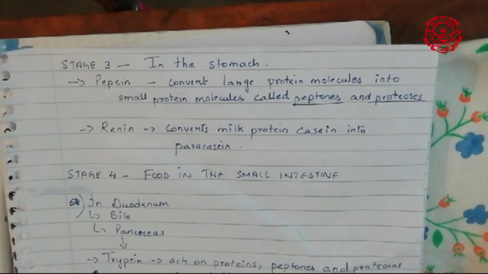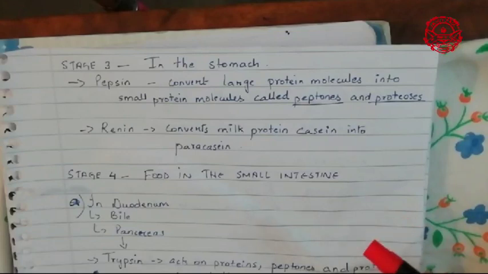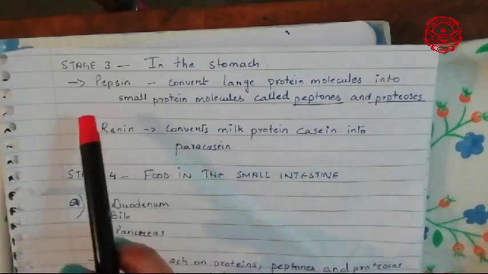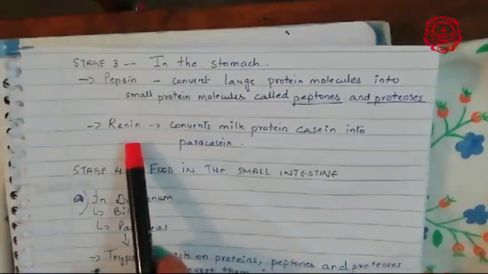While the food moves, it will begin mixing with your gastric juices, and remember they are rich in hydrochloric acid, and these juices will kill the bacteria and also help in the breakdown of your proteins. Besides hydrochloric acid, your gastric juice also contains 2 types of enzymes, that is pepsin and renin.